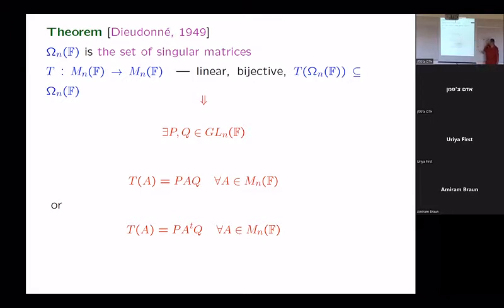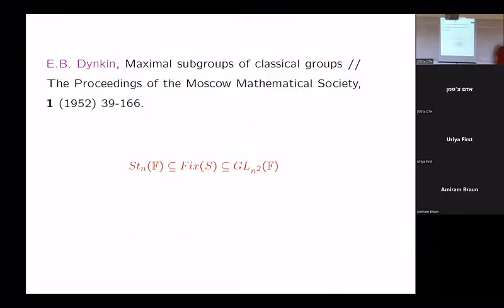So later on, it was Wilkin who suggested a different method to work with such maps. It was based on his characterization of maximal subgroups of classical groups.